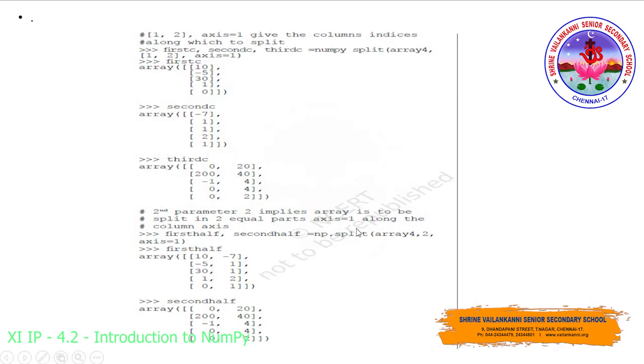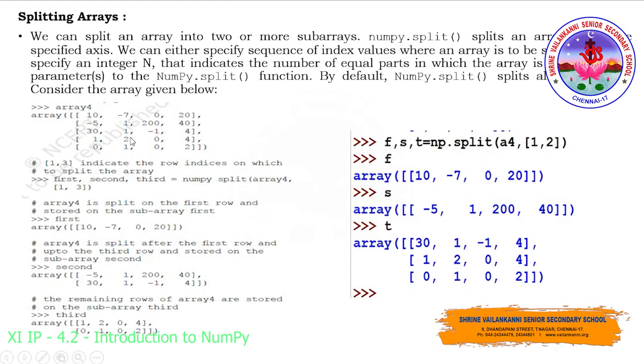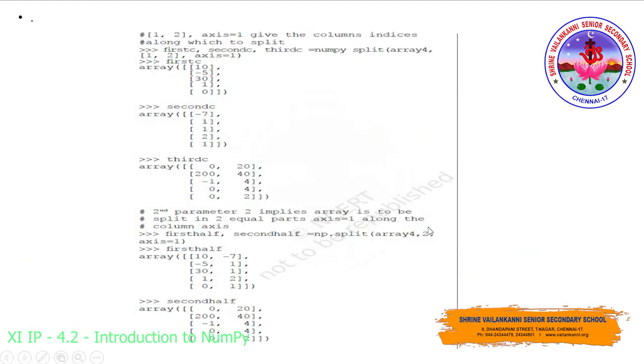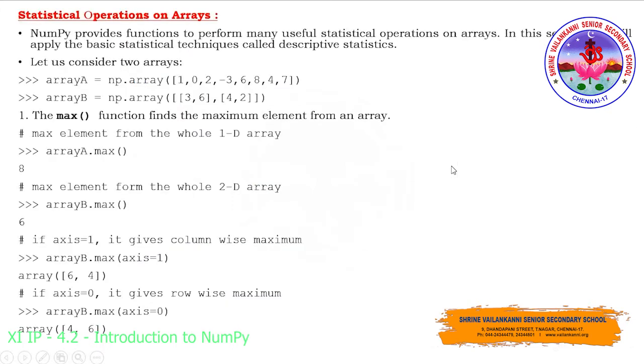So totally how many columns do we have here? 4 columns. So these 4 columns we are going to split into 2 equal parts by providing this integer 2. Clear? So we can provide a sequence of index values, or we can provide a whole integer, to split an array into subarrays. So this is how you can work with splitting arrays.